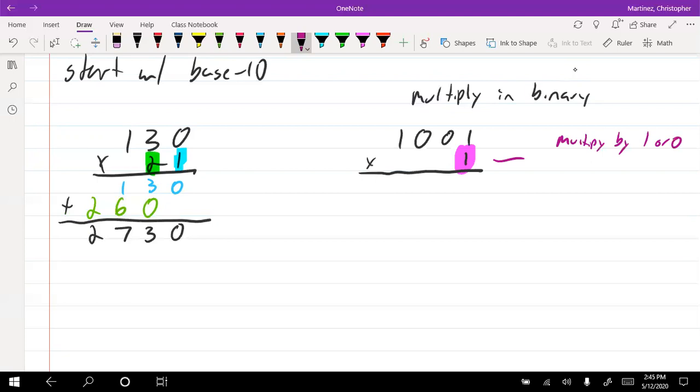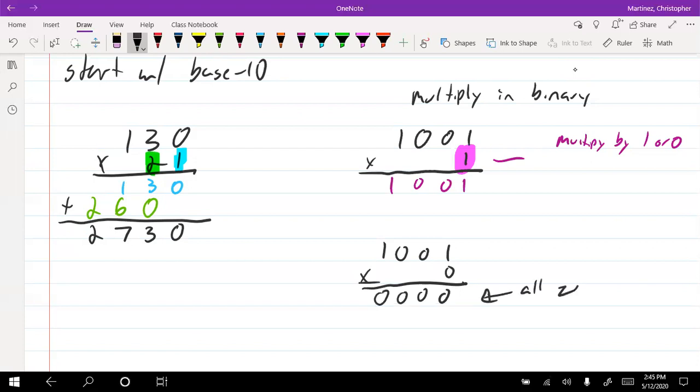So this 1 times that top number, it just copies down that top number. If I was to multiply 1, 0, 0, 1 times a 0, well, 0 times any number is just a 0. So all zeros. Okay, so that's going to be the key to how we're going to multiply.